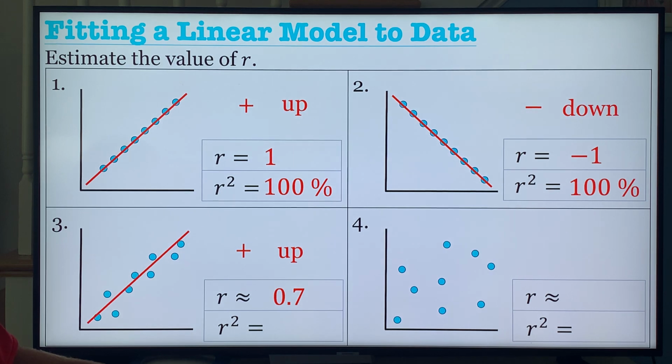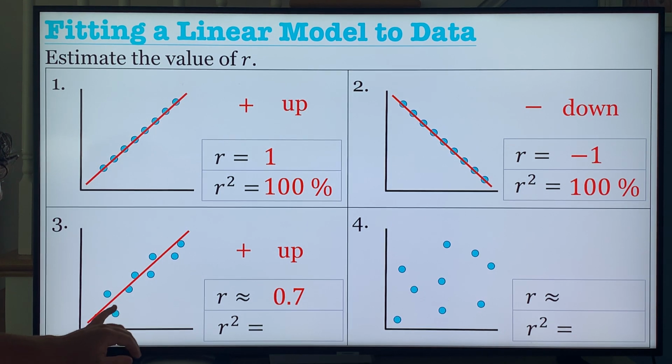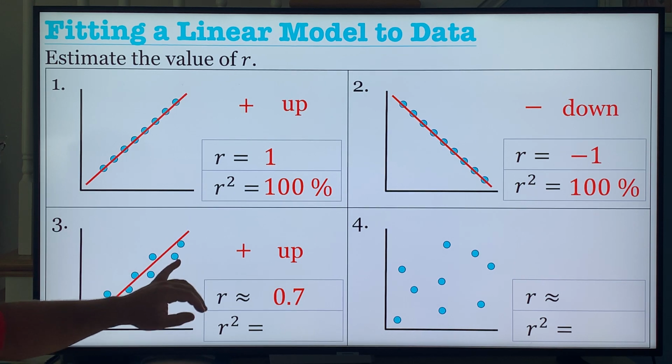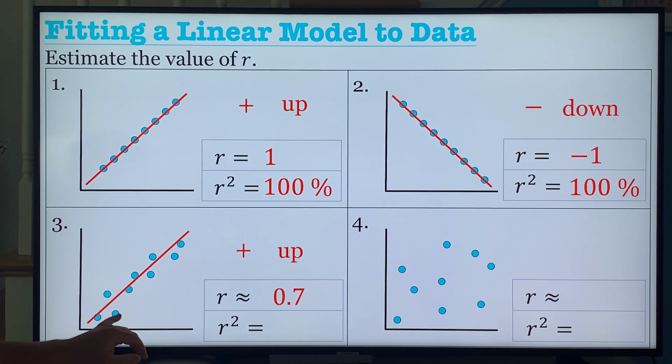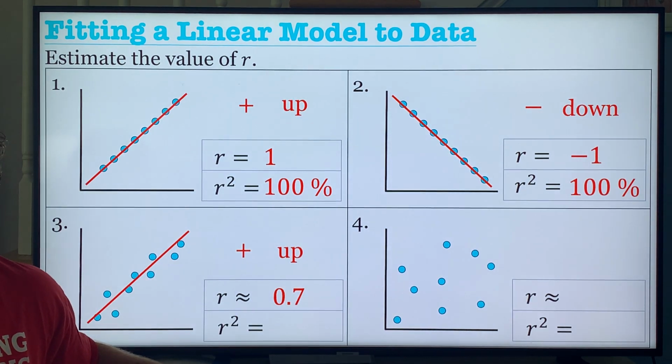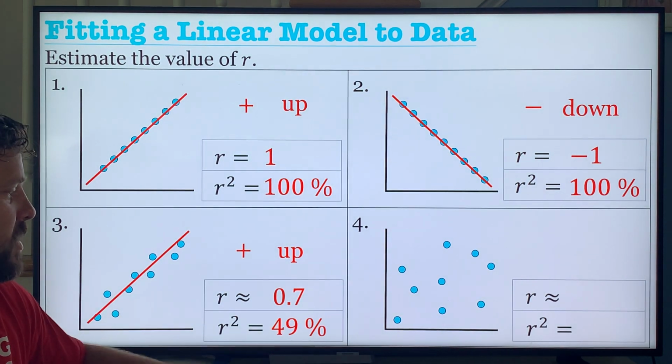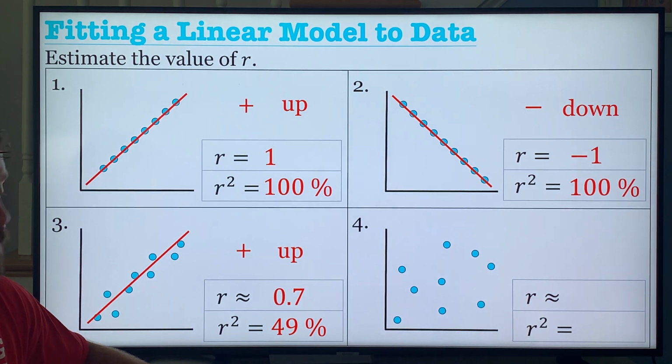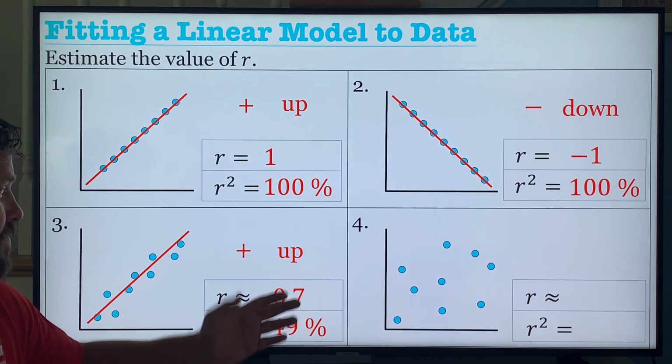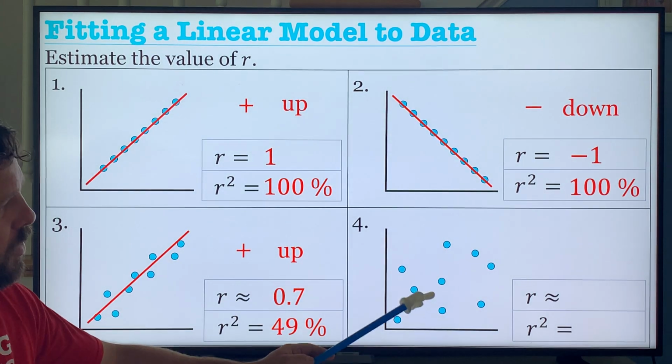That's what I got for my R. So about how many points are on the line? On 1, 2, 3, 4, 5-ish off. All right. What's 0.7 squared? 49, right? 49 times 100 is 49%. Not too bad.